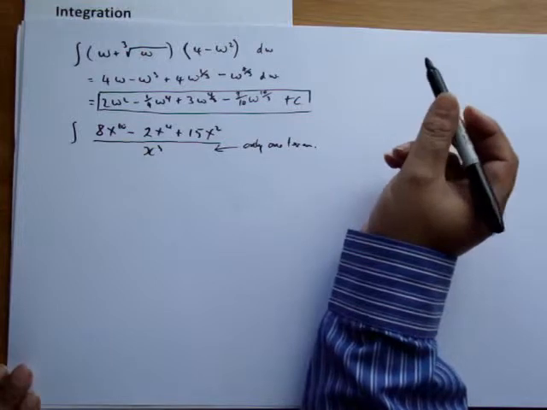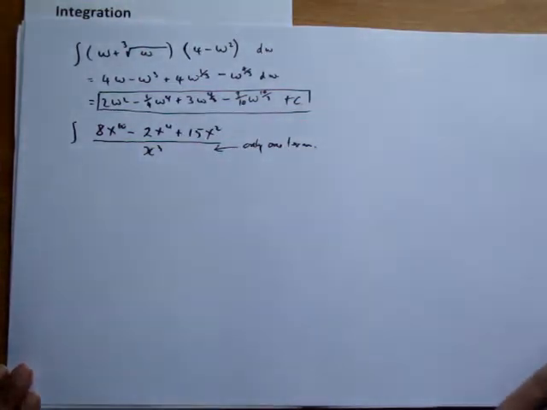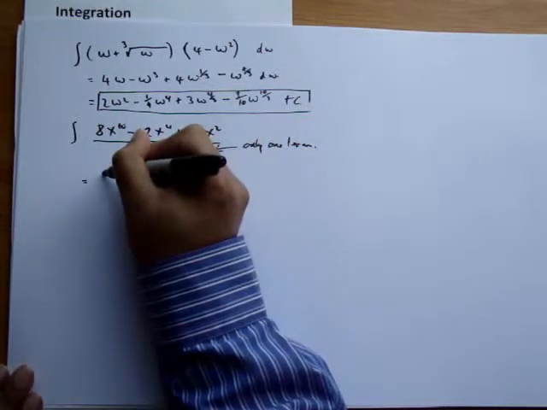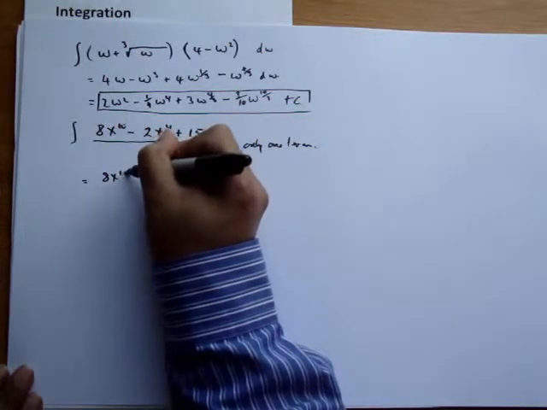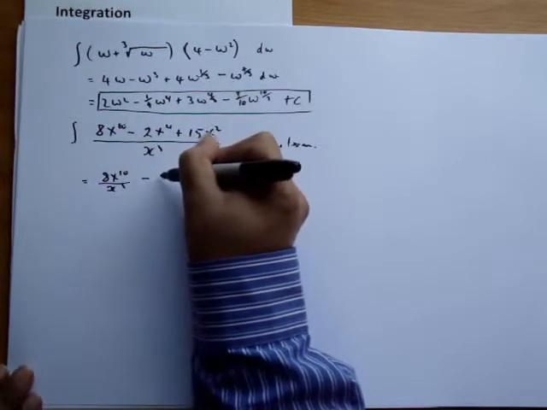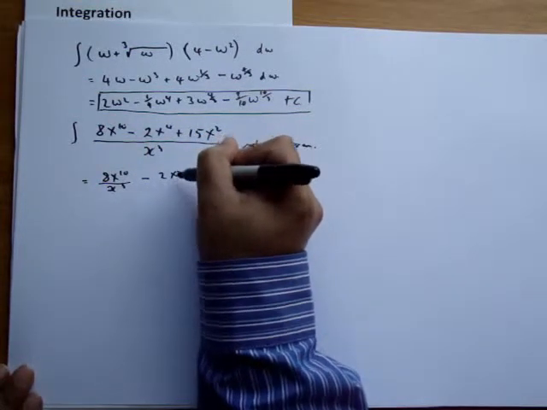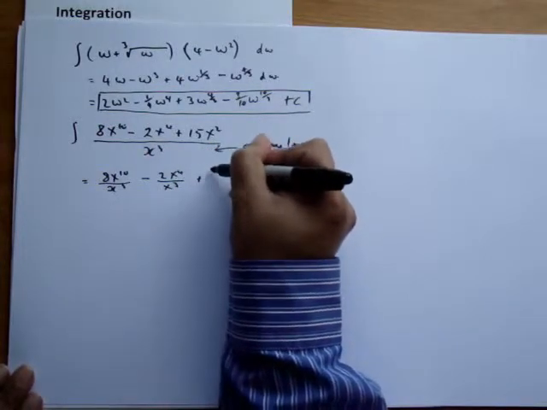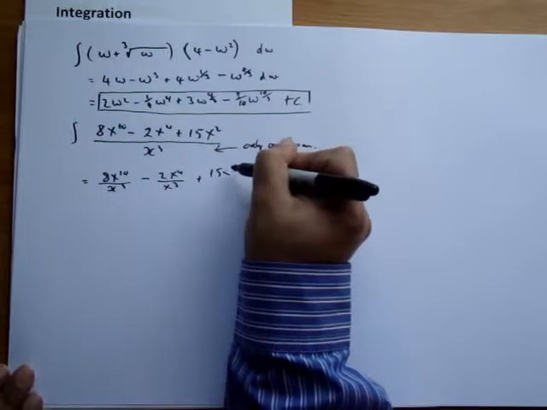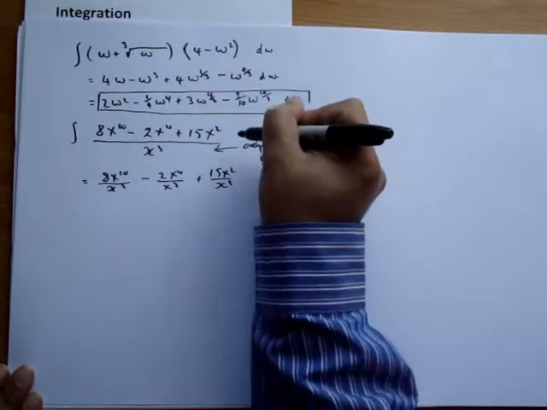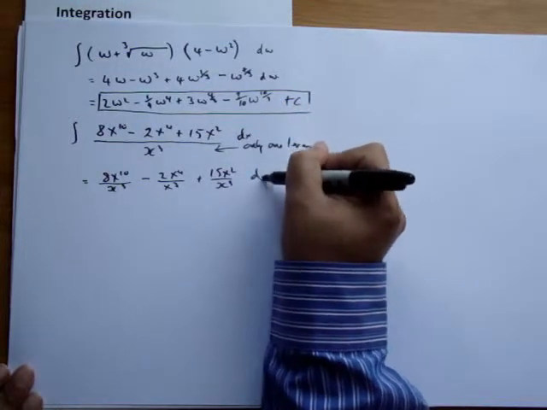We can split this into different fractions. So this will become 8x to the power 10 over x cubed minus 2x to the power 4 over x cubed plus 15x squared over x cubed dx.